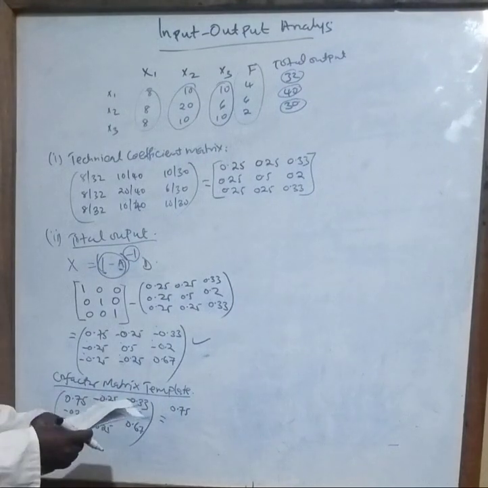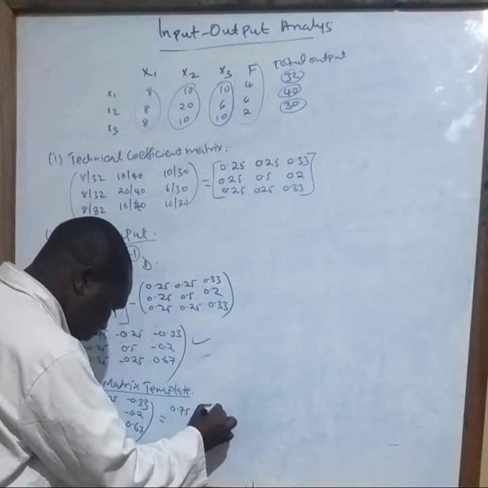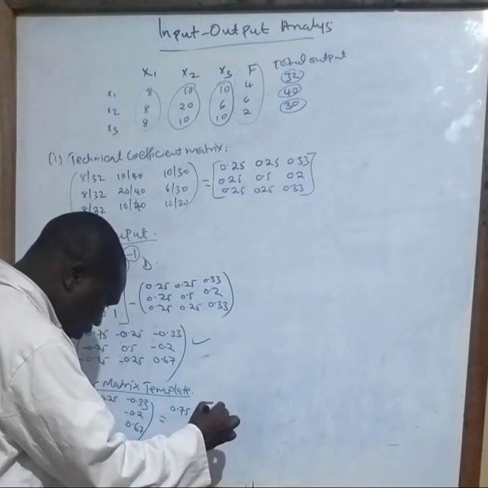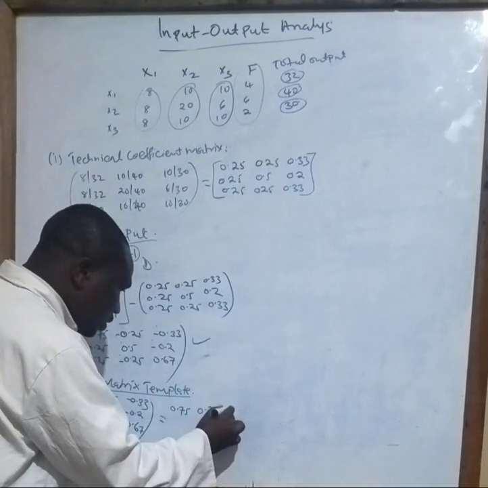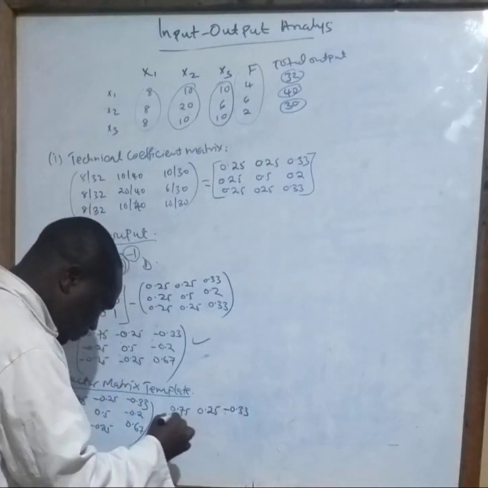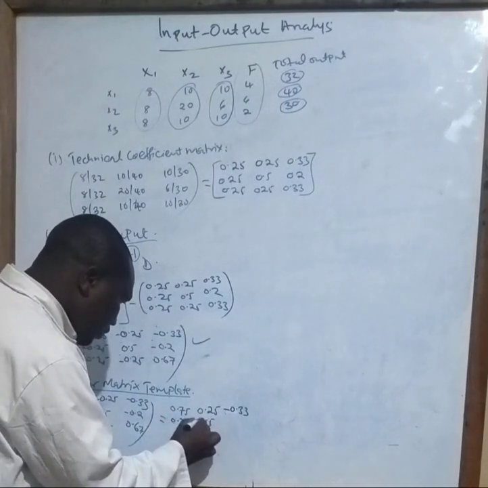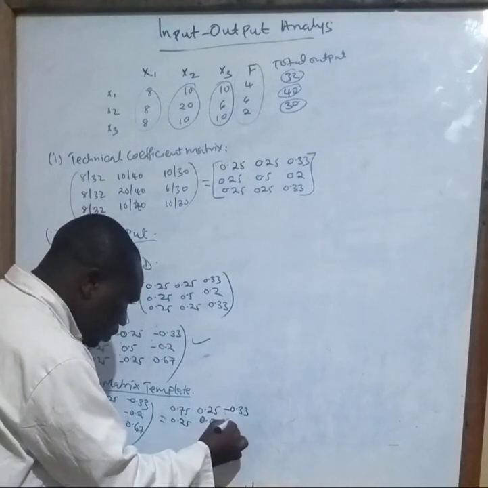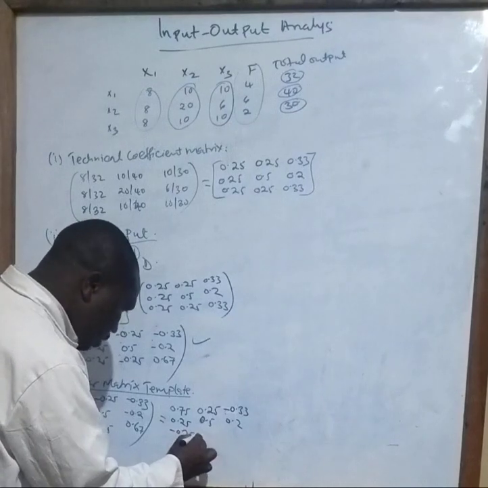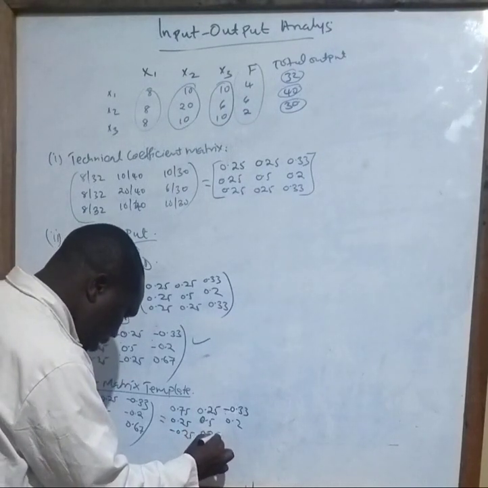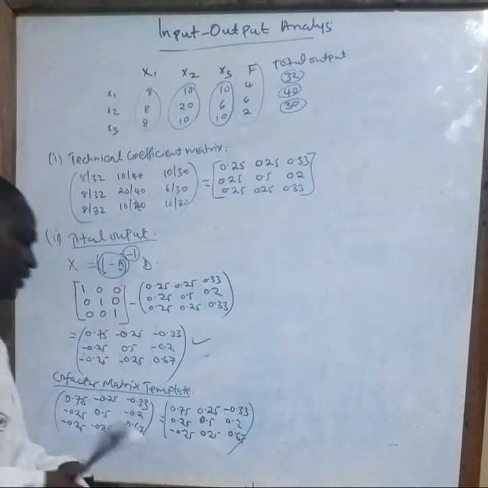When you do that carefully, the answer you get is 0.25, 0.25, 0, negative 0.33, 0.25, 0.5, 0.2, negative 0.25, 0.25, and 0.67. So that is your template.